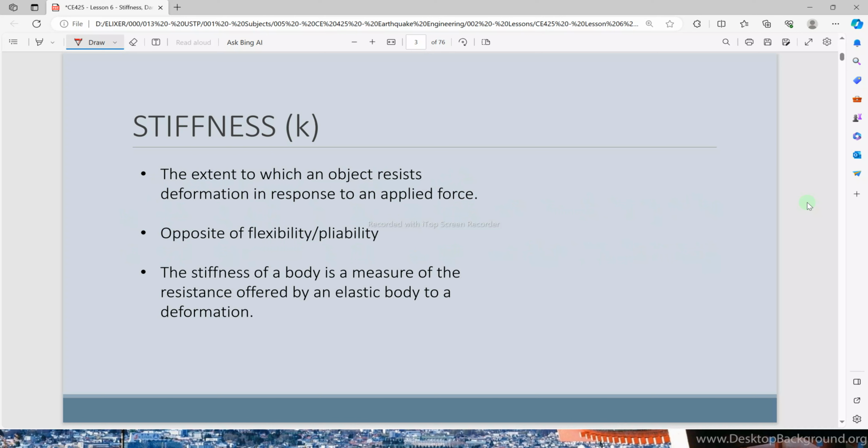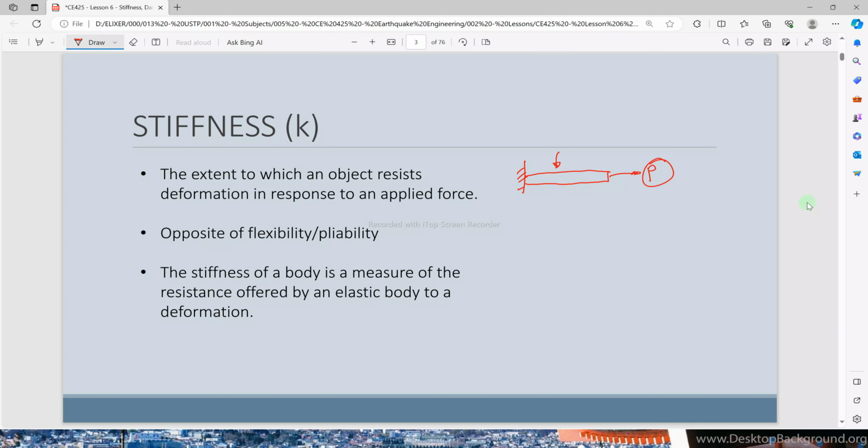Stiffness is the extent to which an object resists deformation in response to an applied force. If you have an object and an applied force, of course the object itself will try to resist this force.